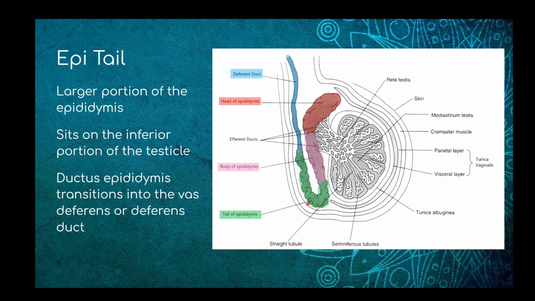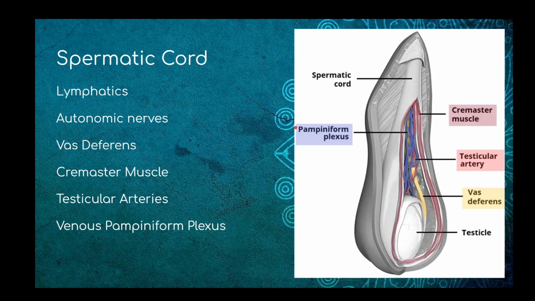Out of the tail of the epididymis, we have the vas deferens, or the ductus deferens. That's the blue one here. As the sperm exit the testicle and enter the vas deferens, it travels up through the spermatic cord. The spermatic cord is home to a few different structures.